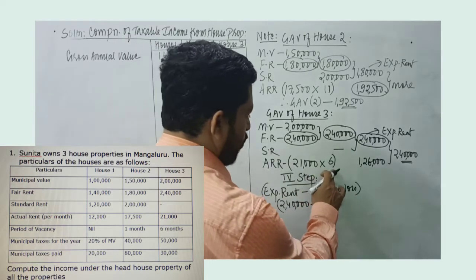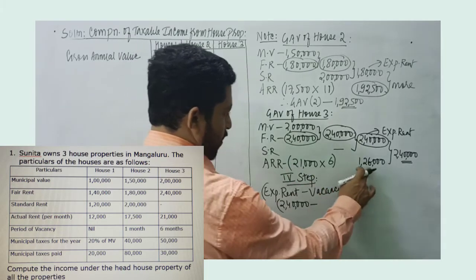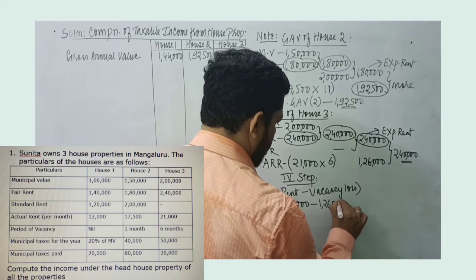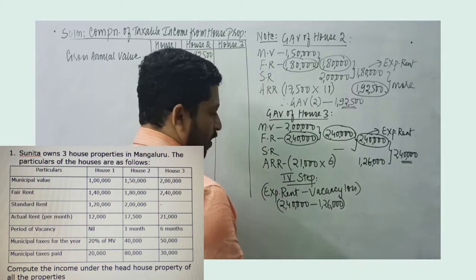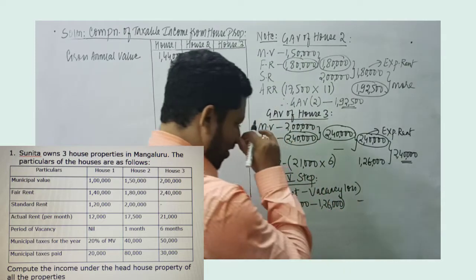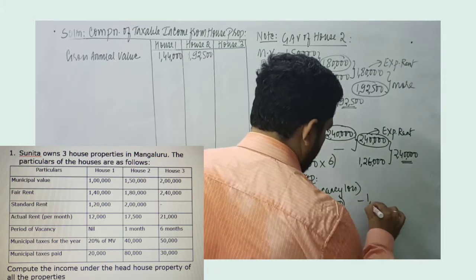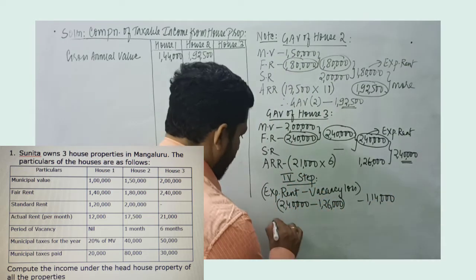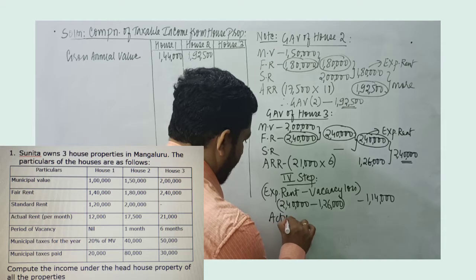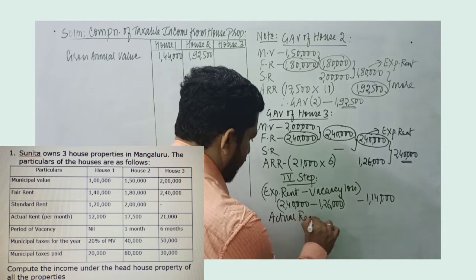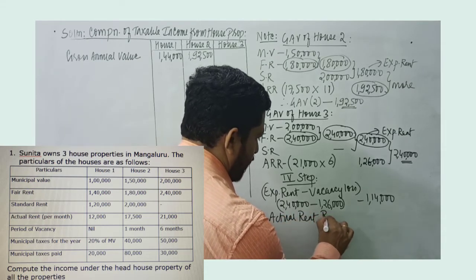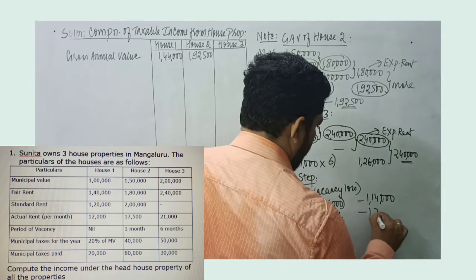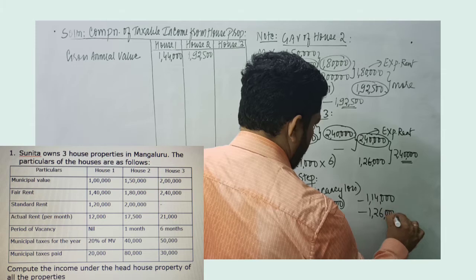See, 6 months the house was vacant, 6 months the rent was received. So vacancy loss is exactly 1,26,000, the part of the year for which rent was not received. So this amount will work out to 1,14,000, and that will be compared with actual rent received. Actual rent received is 1,26,000.